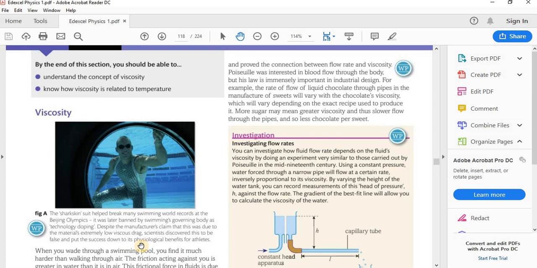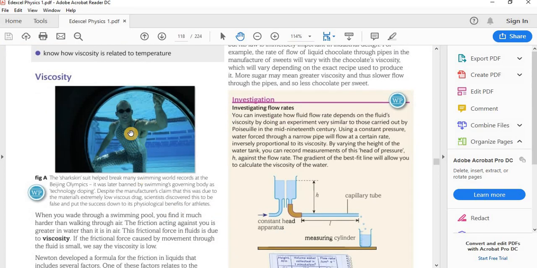So we call that drag the drag due to air resistance if it's in air, or water resistance if it was in water. Also viscous drag. Then scientists discovered this to be false and put the success down to its psychological benefit for athletes. So this suit minimizes the friction so that the swimmers can swim faster.